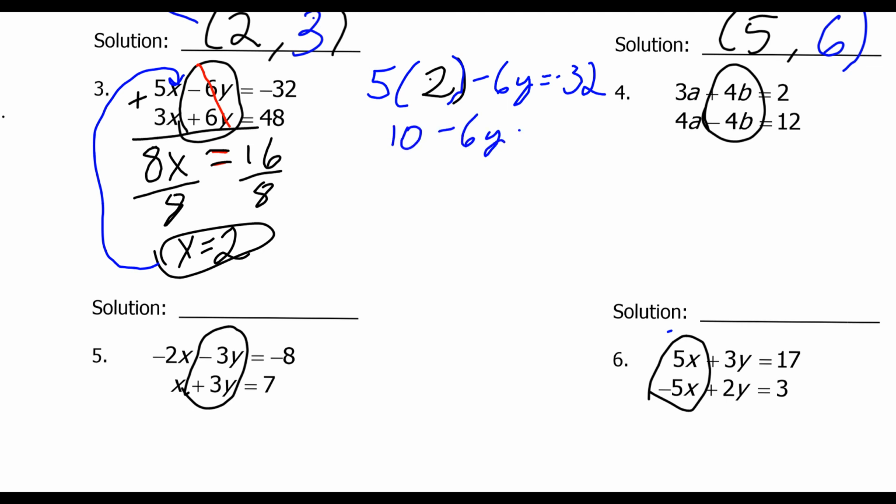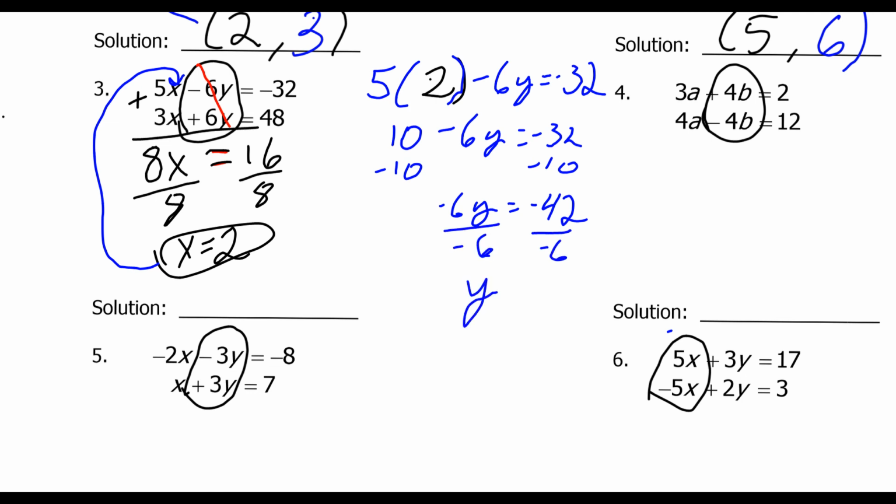Minus 6y equals negative 32. We minus 10 from both sides, and negative 6y equals negative 42. We divide each side by negative 6, and y equals 7. And we go ahead and throw those into our solution slot.